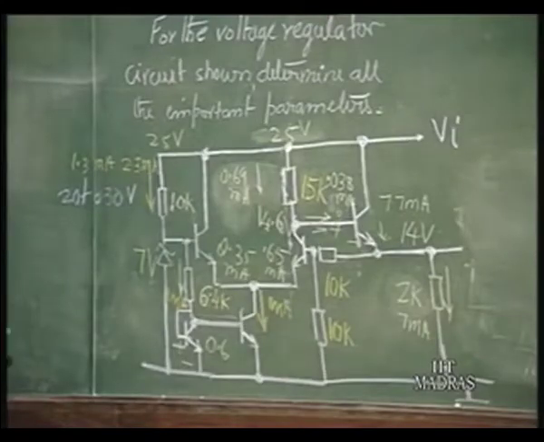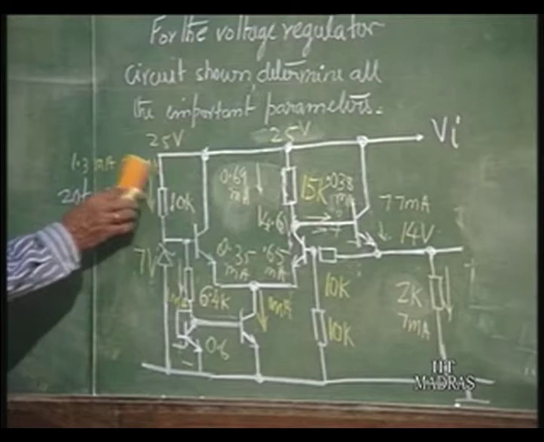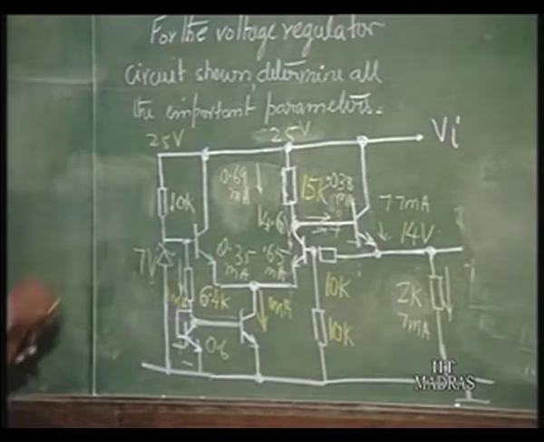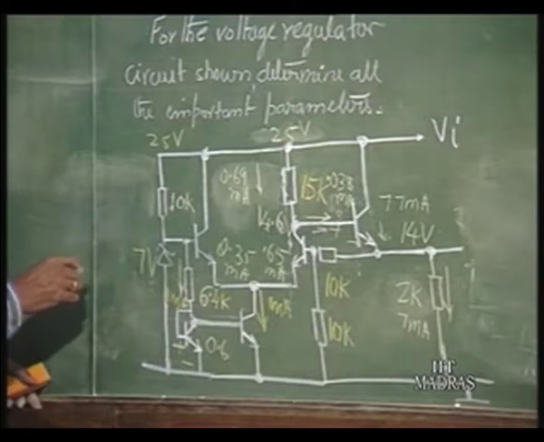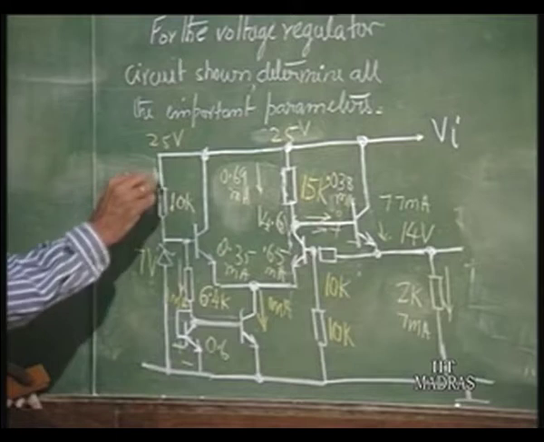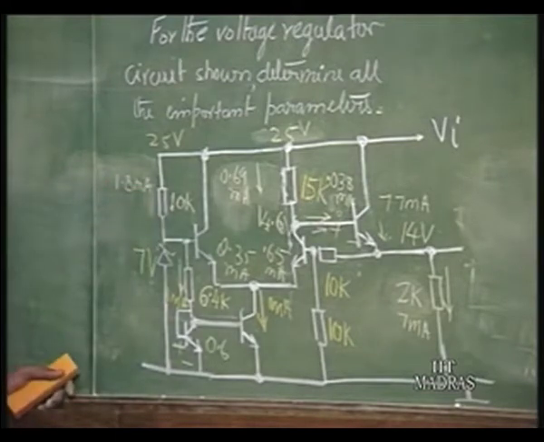So, these will give us an idea about the operating currents of each of these. This is going to be how much? 25 minus 7, that is 18 by 10 K, 1.8 milliamperes. So, these are the operating currents. Now, how do we fix the output impedance? Okay. First, let us find out the open loop gain of this structure.